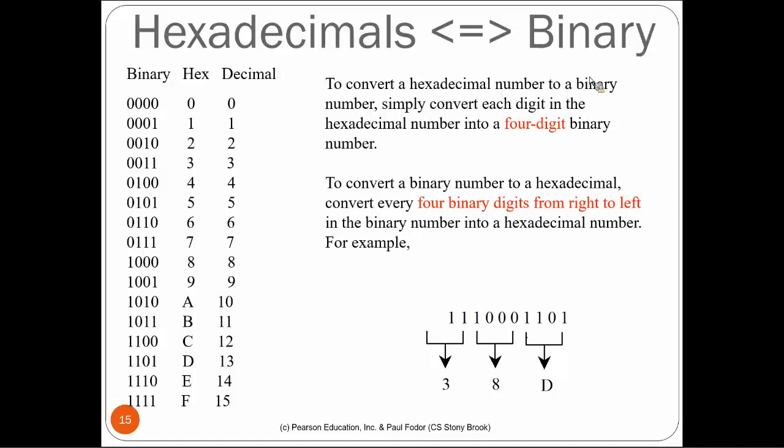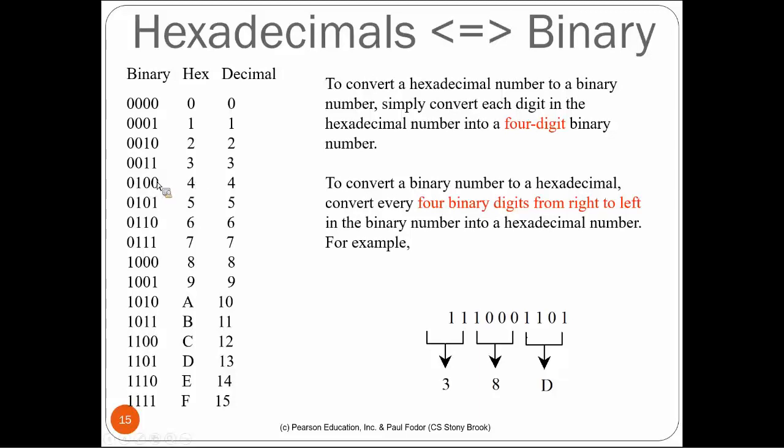So in order to convert a hexadecimal to binary, or vice versa, binary to hexadecimal, we simply convert each hexadecimal digit to the 4 digits binary number, or we group every 4 digits from the right hand side to the left hand side in the binary number, and we basically just see what is the mapping for that specific binary number in hexadecimal.